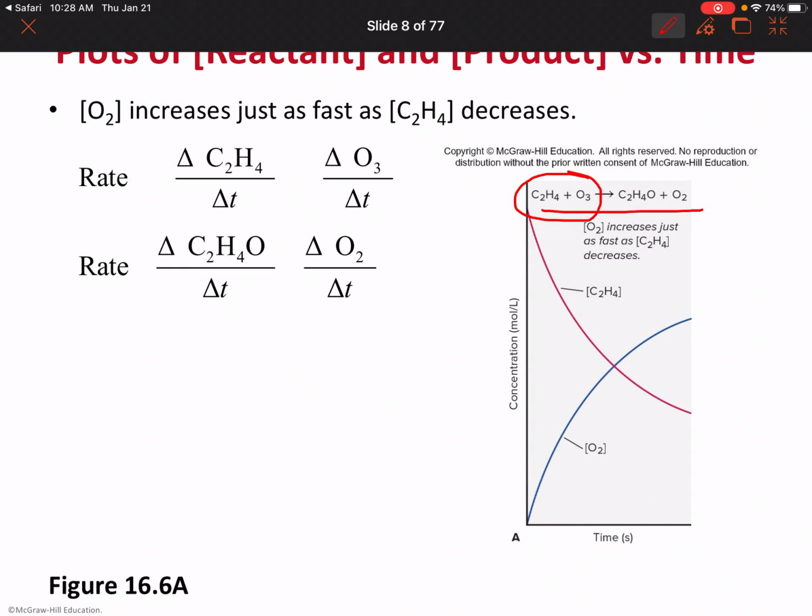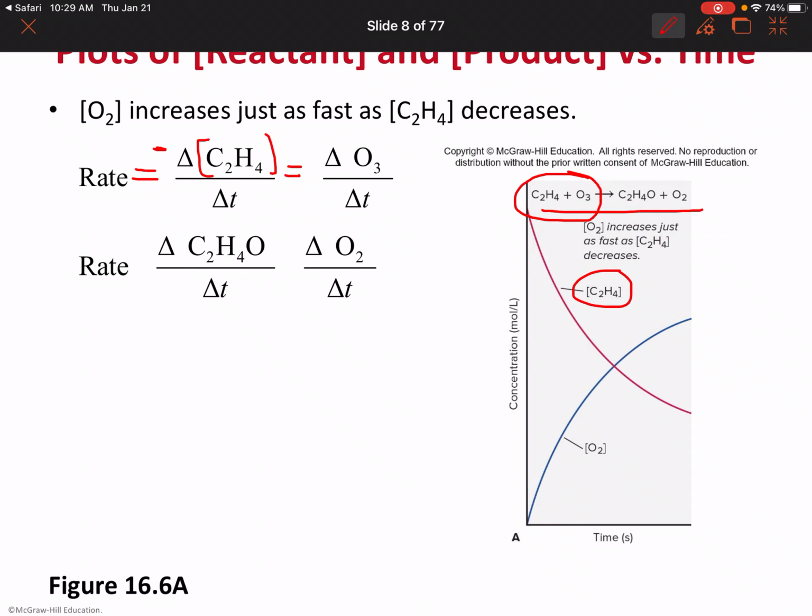As the reaction proceeds, what happens to the reactant? So this is C2H4. You started with a higher concentration and it decreases. This red curve shows us it decreases. So if you write the rate in terms of C2H4, it is decreasing, so it's a negative value: negative delta C2H4 over delta T. That's how you write the rate.